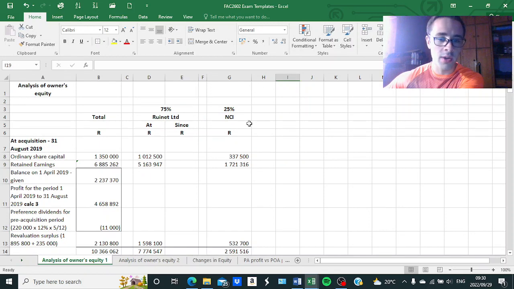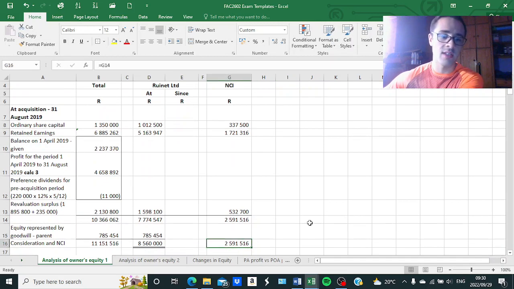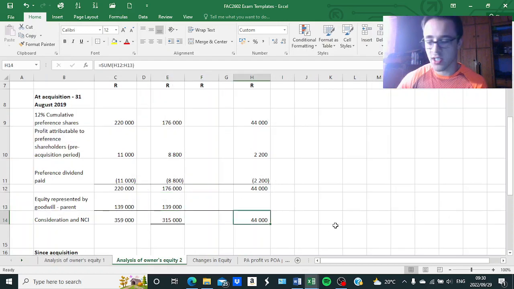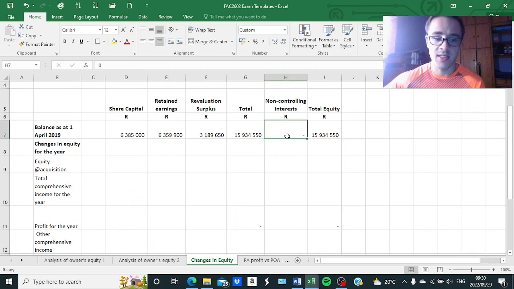So for our ordinary share capital, the total balance of non-controlling interests at the date of acquisition, as we have calculated in the analysis of owner's equity, would be 2,591,516. Okay, this is the balance of non-controlling interest at acquisition for the ordinary shares, and then for your preference shares it would be 44,000. So the sum of those two will give you the total equity attributable to non-controlling interests at acquisition.